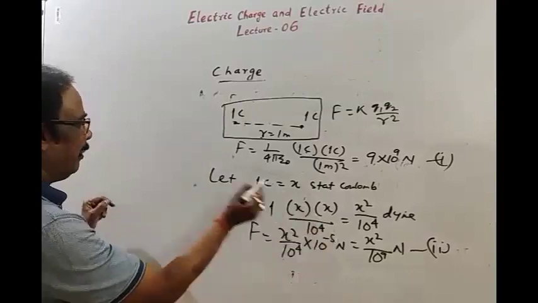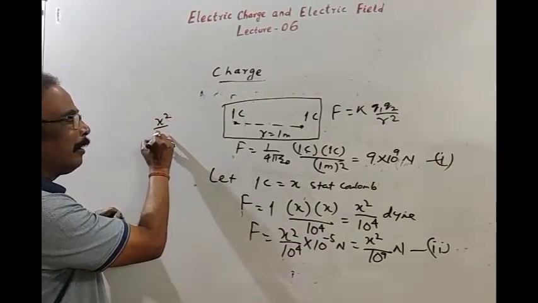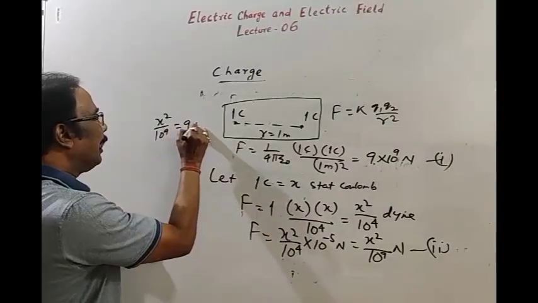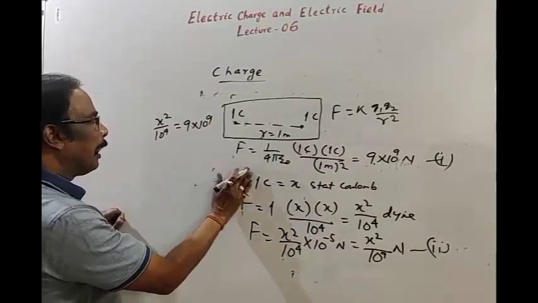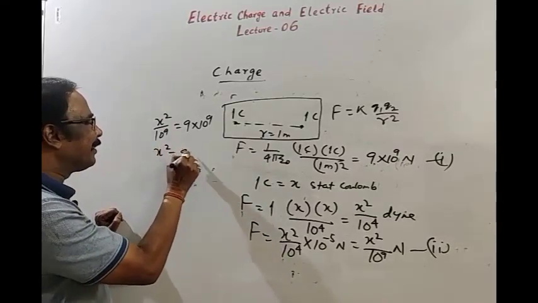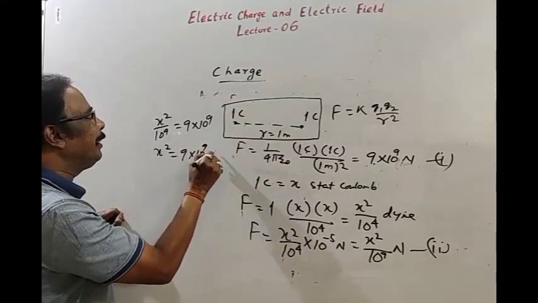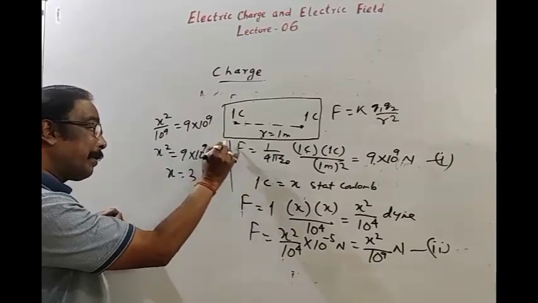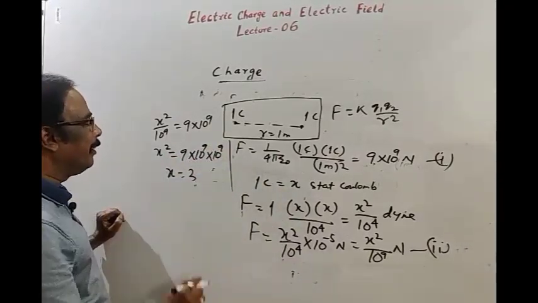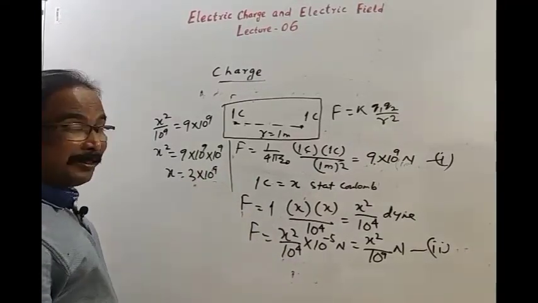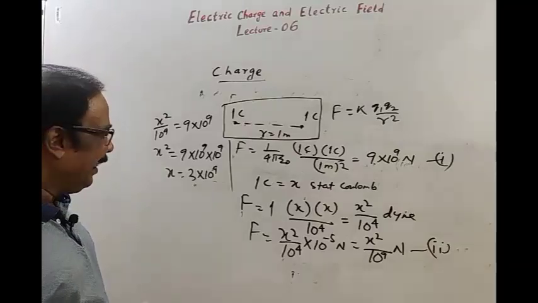Right side: x square divided by 10 to the power 9 Newton is equal to 9 into 10 to the power 9 Newton. Newton gets cancelled, then x square is equal to 9 into 10 to the power 9 into 10 to the power 9, and finally x is the square root of that, which is 3 into 10 to the power 9.